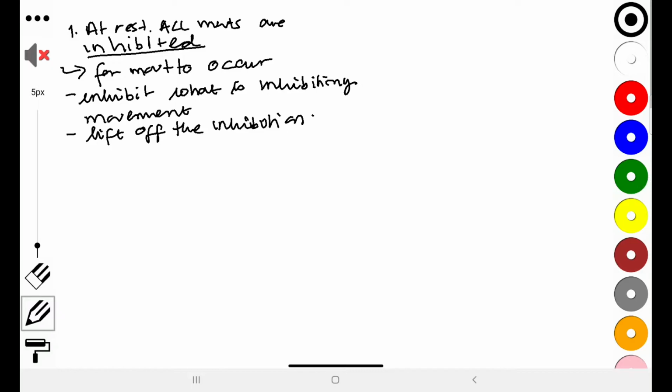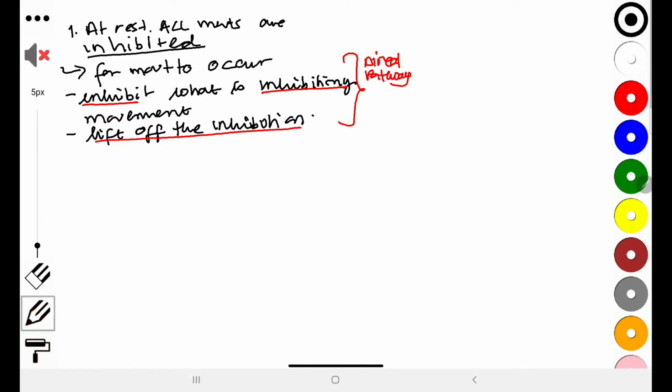So the one that is suited for this is known as the direct pathway. So the direct pathway inhibits the inhibiting of the movement, or it lifts off the inhibition.